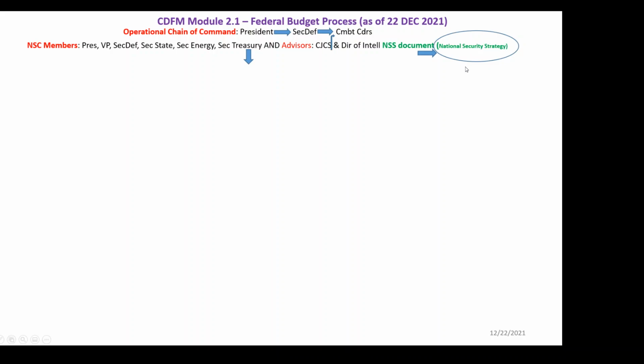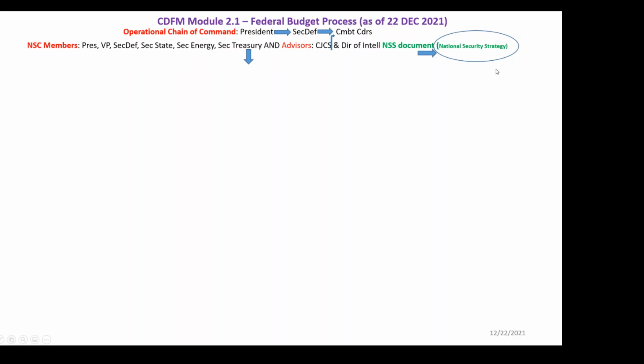If you ever hear my study sessions, I always talk about the big op order, because most people associated with the military know what an operational order is. That is a big document that has the mission, the vision, the conditions, what they face, and what each individual entity is responsible for doing. So the NSS document is the big op order.